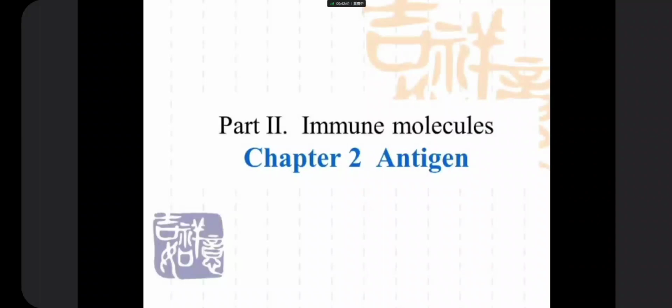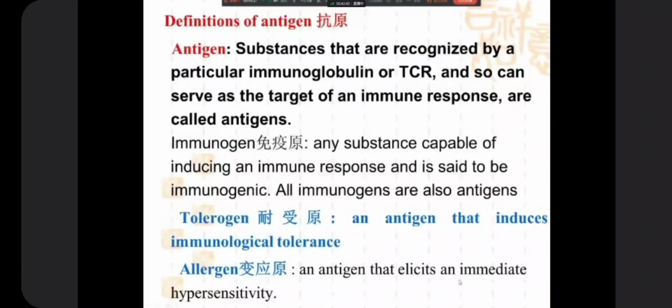Okay, everybody. Let's see the definition of antigens. There are different names of antigen.